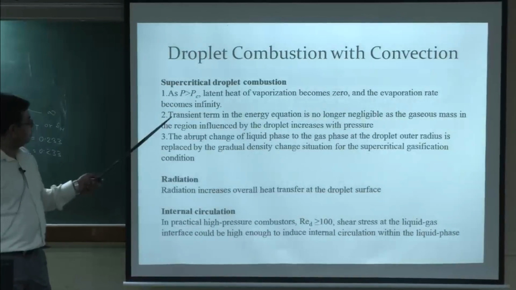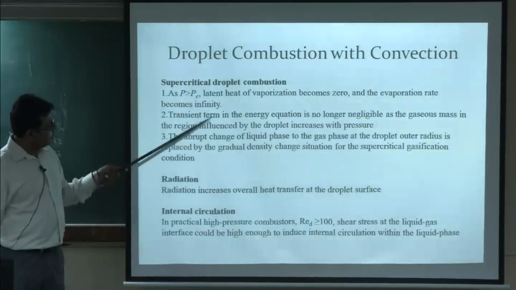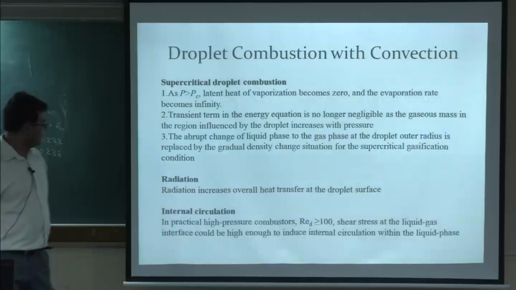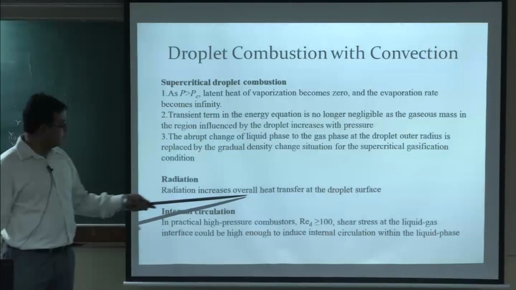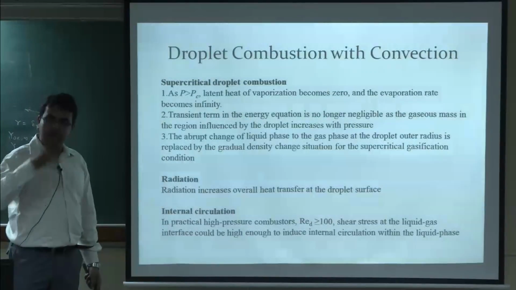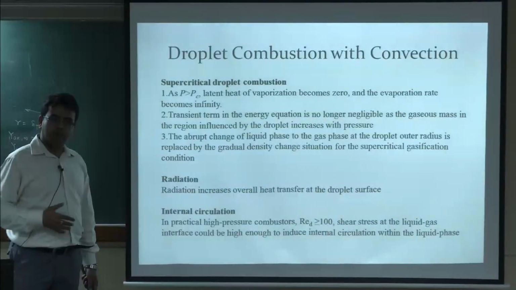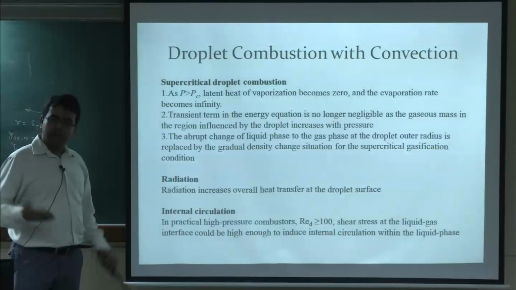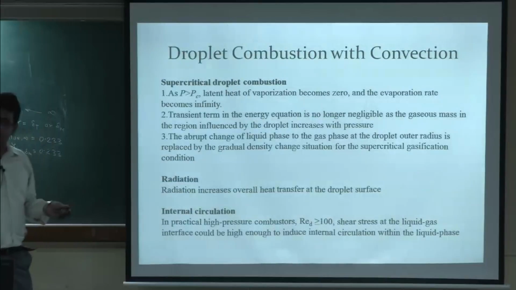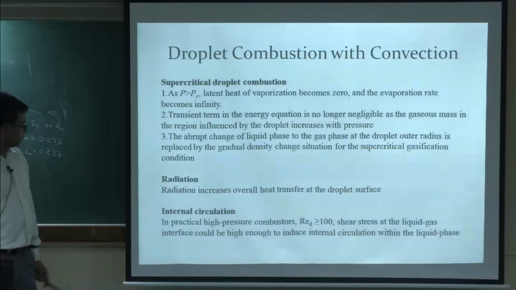These are things which are different from what we have been doing so far. Then radiation: radiation increases the overall heat transfer at the droplet surface. If you have a flame, we are only considering heat conduction, but the radiation also needs to be considered.